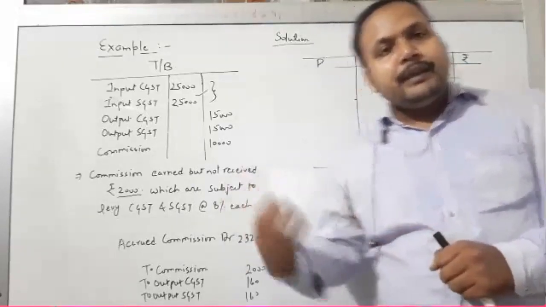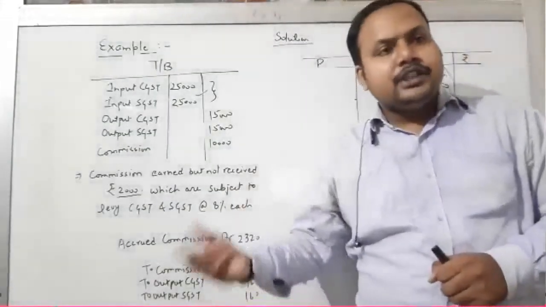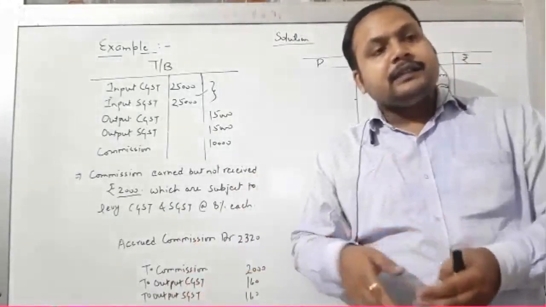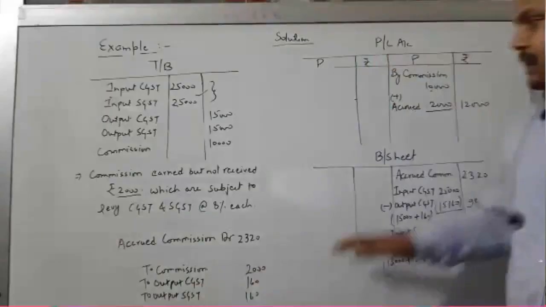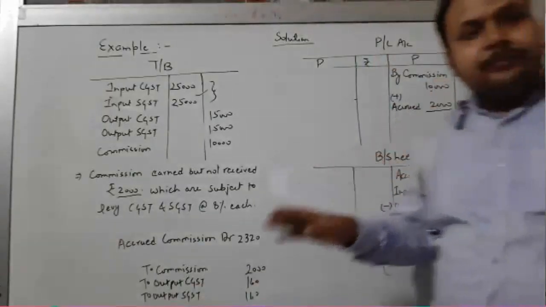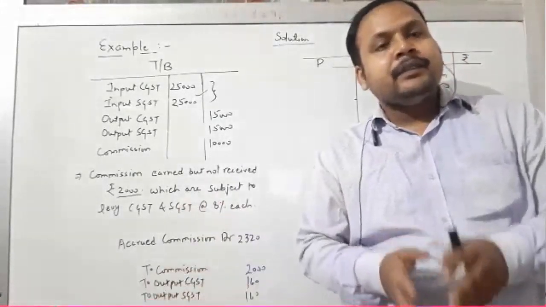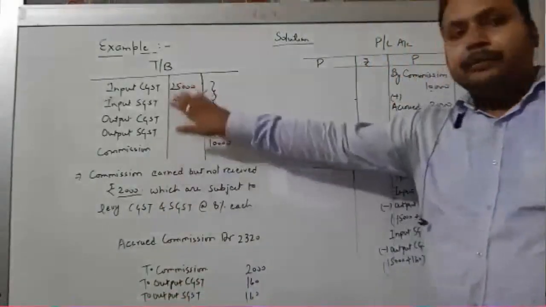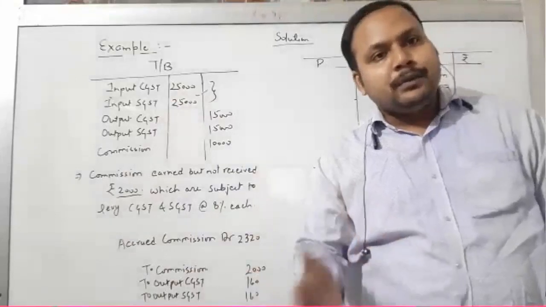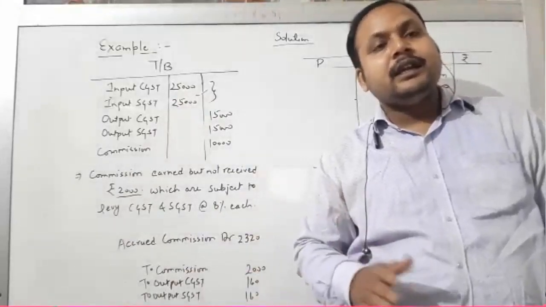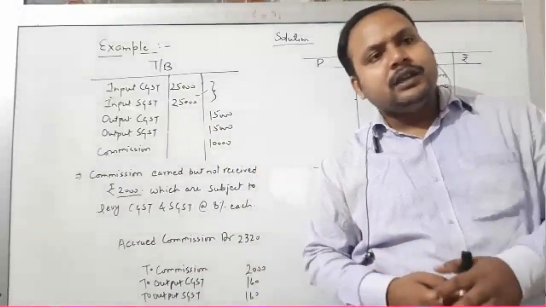So when we prepare the PL account or balance sheet with the adjustment of the outstanding expense and accrued income including the GST, so in this situation सिर्फ आपका accrued income that is commission या outstanding expense जैसे रेंट में ही इफेक्ट नहीं पड़ता है, इसका इफेक्ट आपके जीएसटी वाले पार्ट में पड़ता है जब आप सेट ऑफ करते हो आउटपुट सीजीएसटी को इनपुट सीजीएसटी से, आउटपुट एसजीएसटी को इनपुट एसजीएसटी से. उसी तरह से सेम एज इट इज एप्लीकेबल इन द केस ऑफ द IGST.